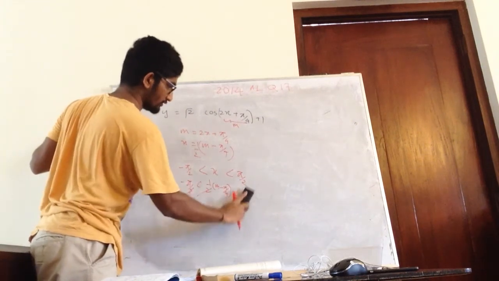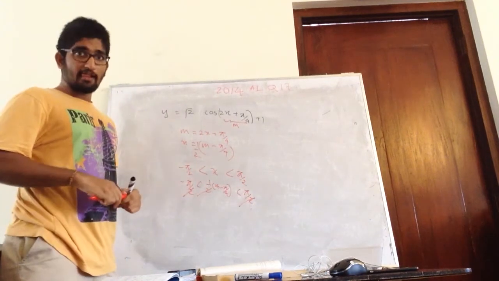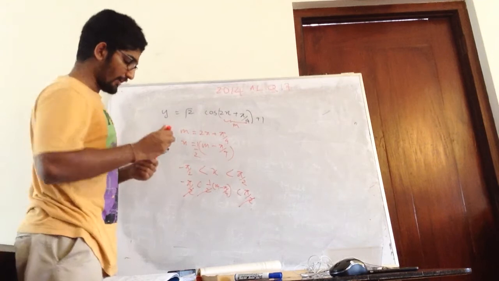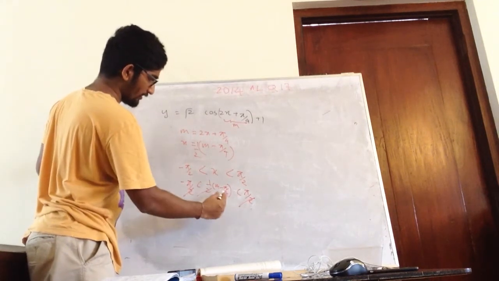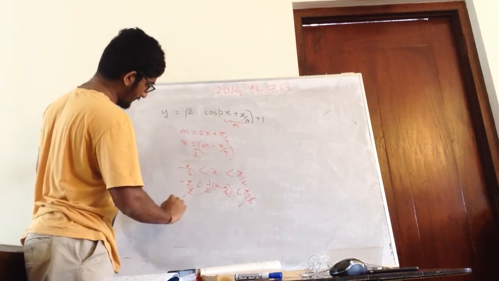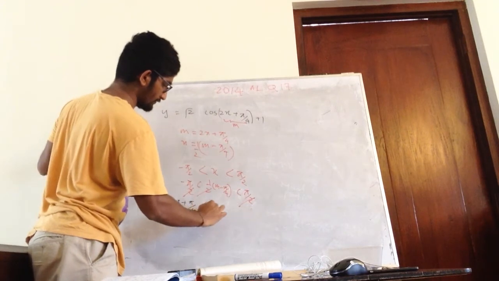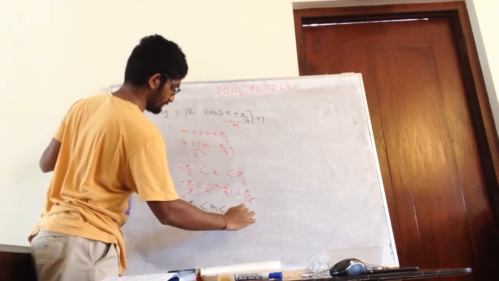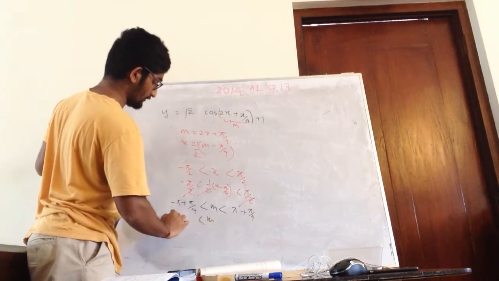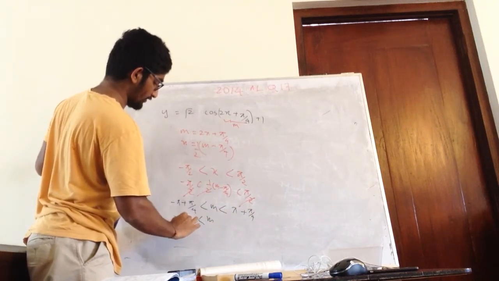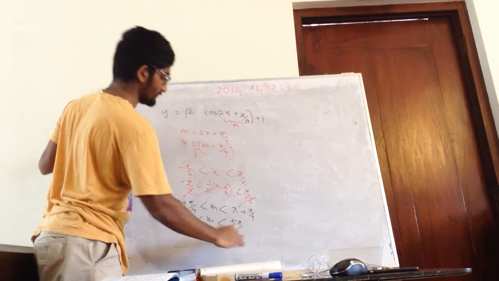Then I'm going to add the 5 over 4 back, so that I can get the range of m. That means m is between minus 3 5 over 4 and 5 5 over 4.